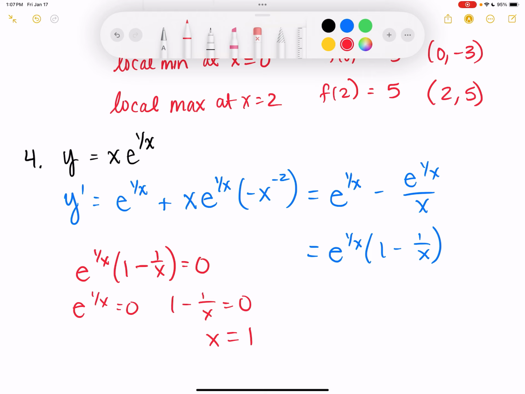What about where there would be an issue in the domain? I don't know. What happens when I divide by 0? Oh yeah, we remember that, it's undefined.